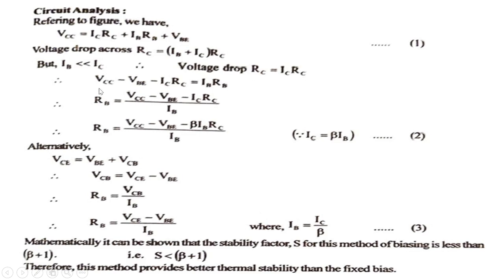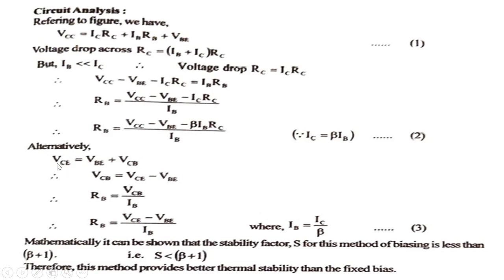Therefore, VCC minus VBE minus ICRC equal to IBRB. Therefore, RB equal to (VCC minus VBE minus ICRC) upon IB, and therefore RB equal to (VCC minus VBE minus beta IBRC) upon IB, as IC equal to beta IB.